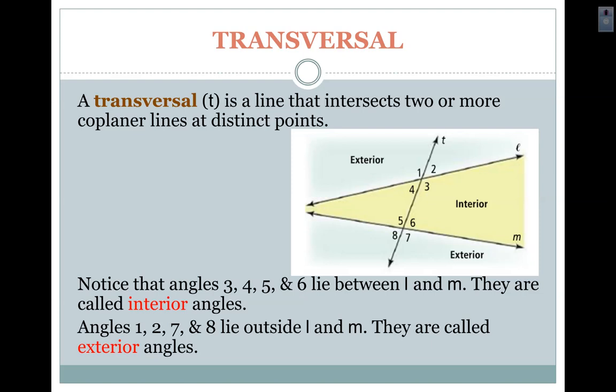Linear pair means they're going to add up to 180, so they are supplementary. So anytime you have a transversal intersecting 2 lines, we're going to have pairs of vertical angles, and we're going to have several linear pairs, supplementary angles. So angles are either going to be congruent or they're going to be supplementary.